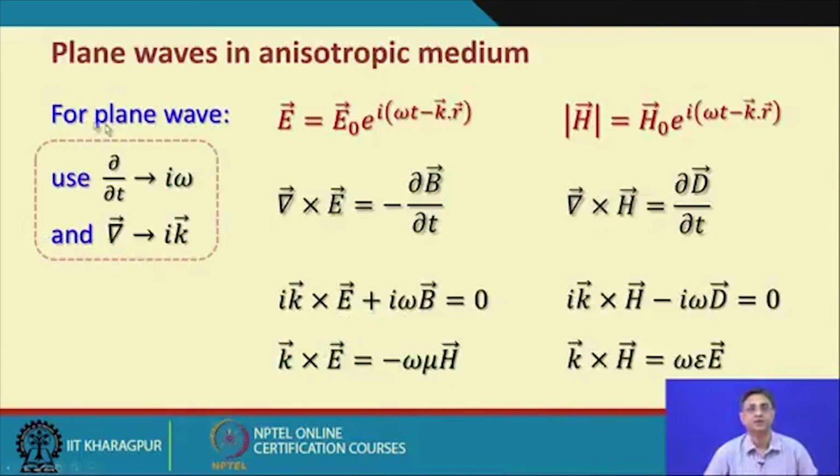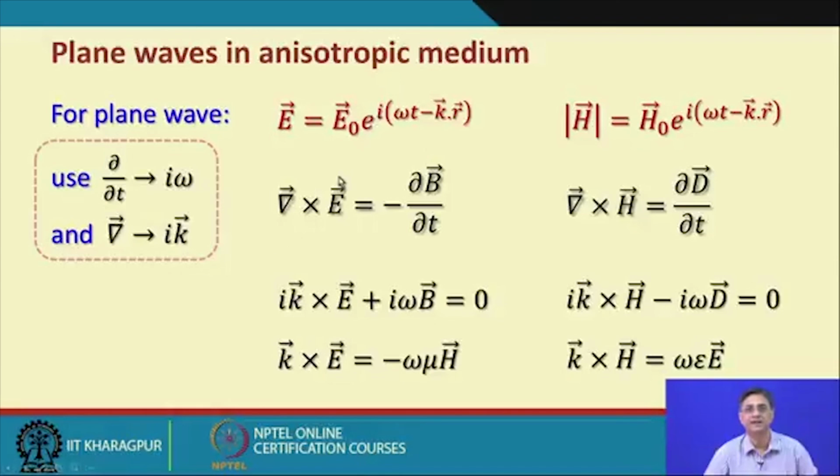If we now use del del t to represent i omega, because for this plane wave, if you operate del del t on this equation, it will just leave i omega multiplied by E itself.